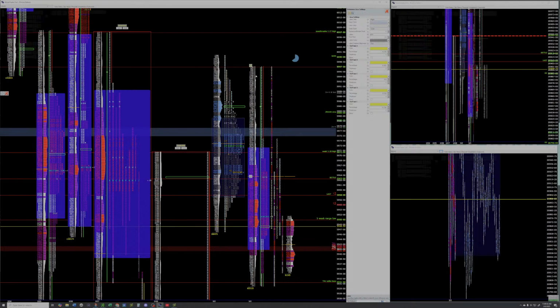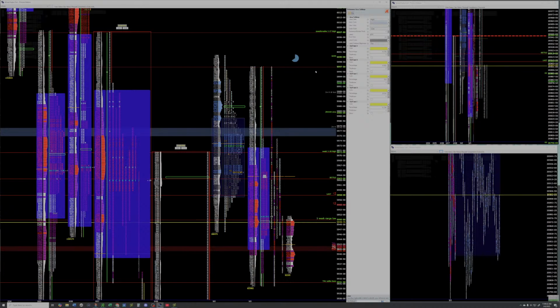I guess the opening was the squeeze of these shorts here, the last shorts being removed, right? But it didn't even take the 6,000 here.